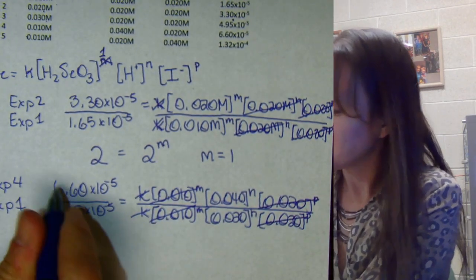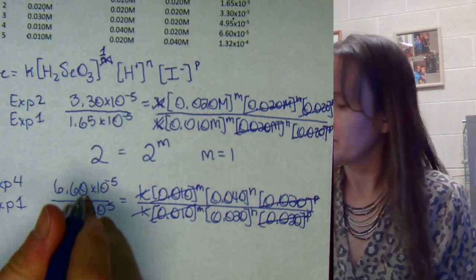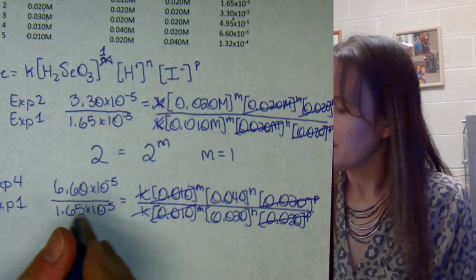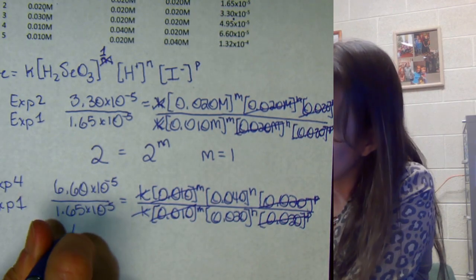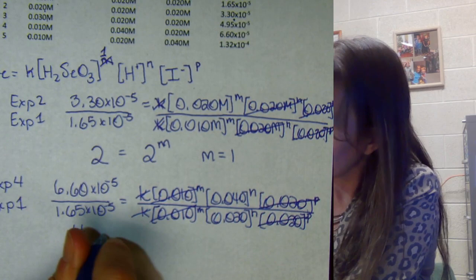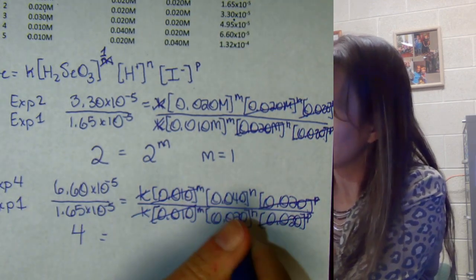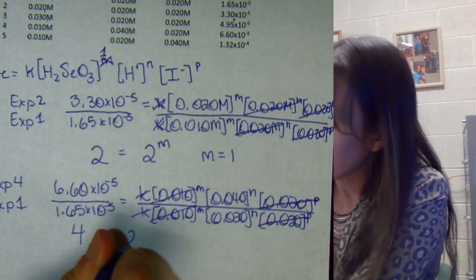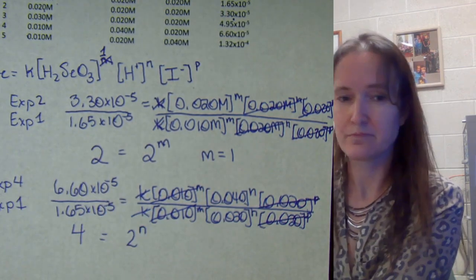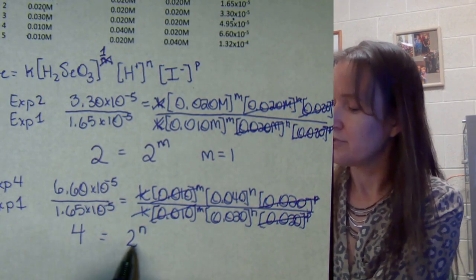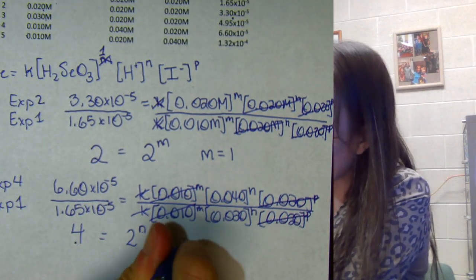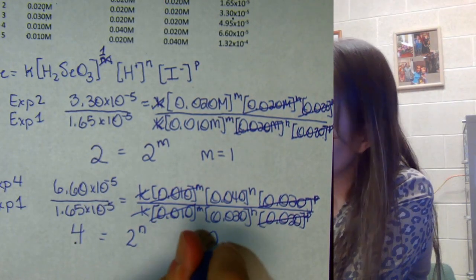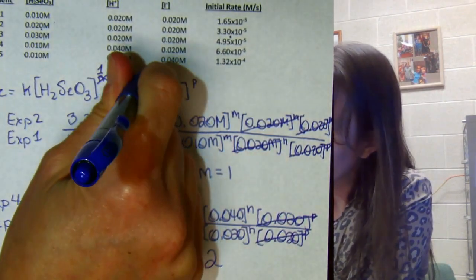So when you divide the 6.60 times 10 to the negative 4 by the 1.65 times 10 to the negative 5, you get 4. And then when you divide these two, you get 2 raised to the n power. So 2 raised to what power will give us a 4? Well, that would be 2 squared. And so our order for the hydrogen ions is a 2.